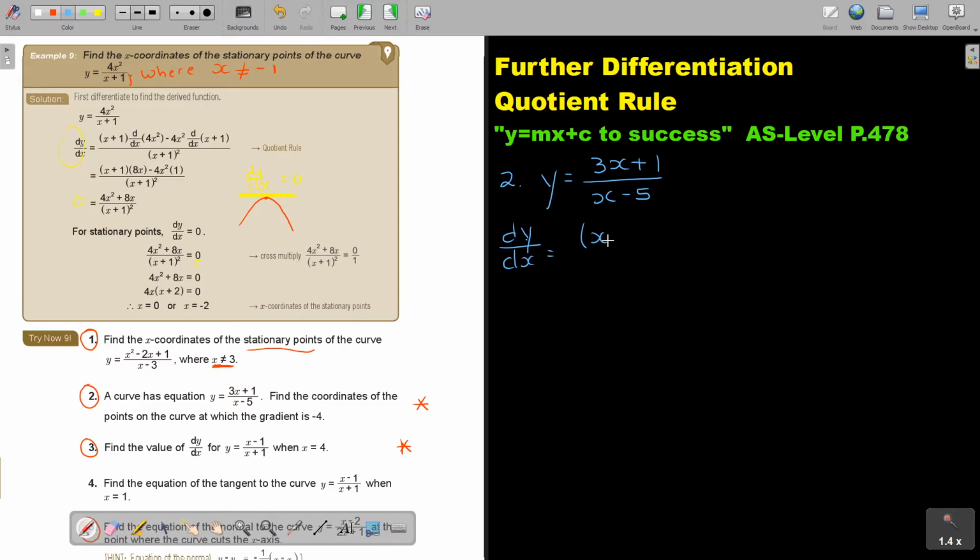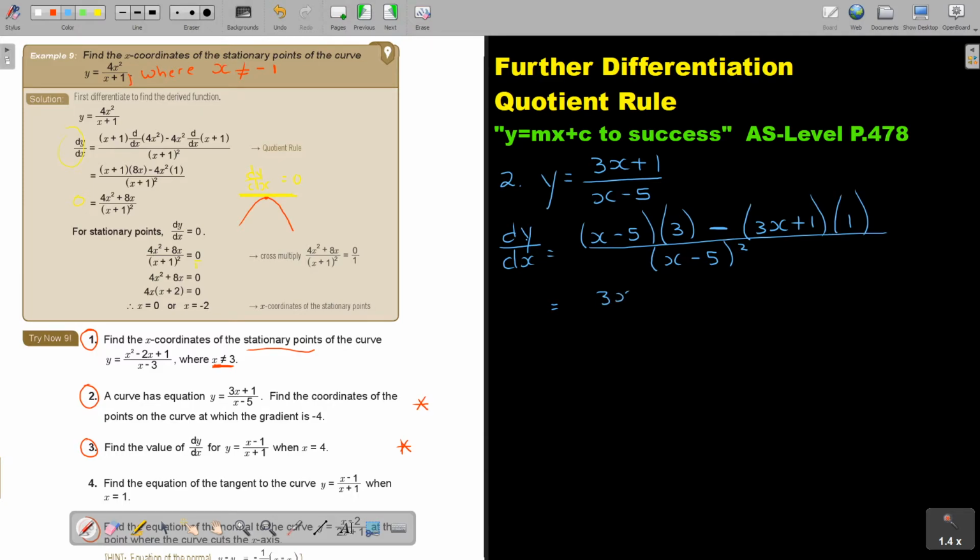Rewrite the denominator, differentiate the numerator. Subtract, quotient rule. Rewrite the numerator, differentiate the denominator. Over. Okay, I can simplify it just because it's very easy.